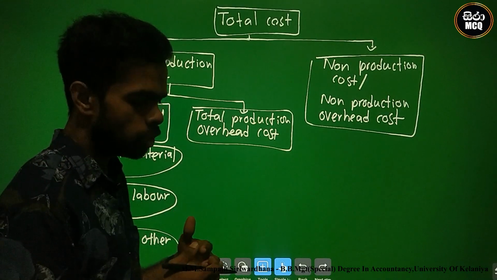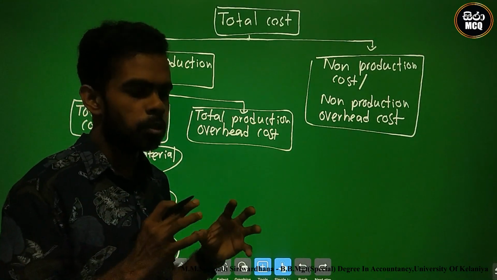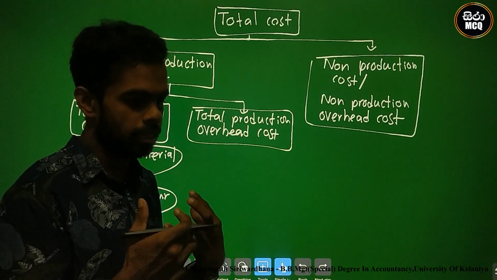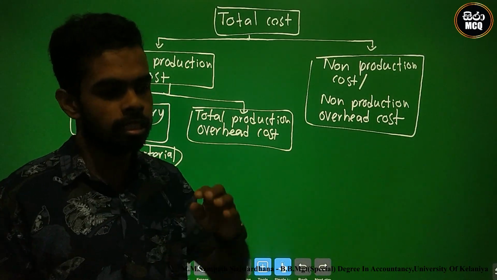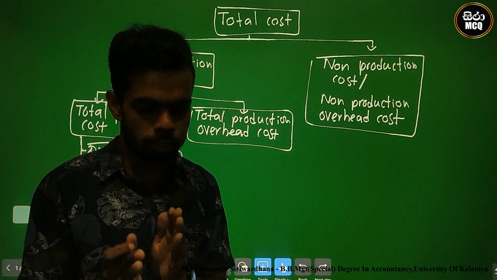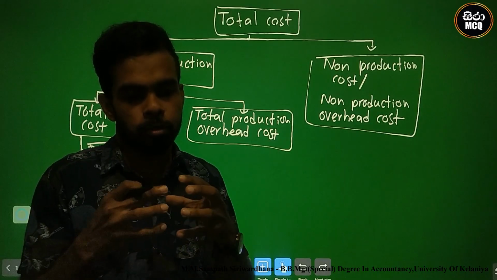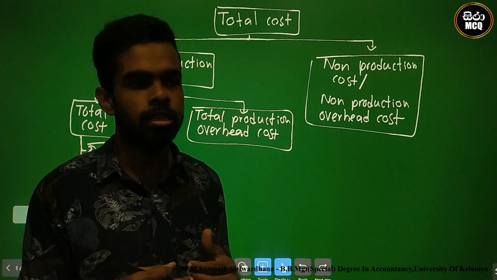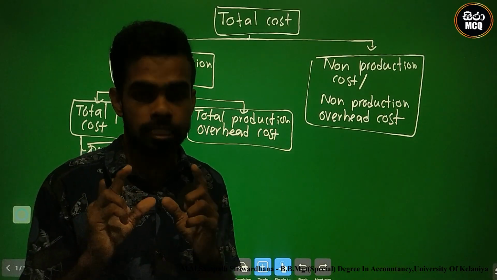After that, based on variable cost and fixed cost: this identification depends on variation with the production units. Some costs are variable and some costs are fixed.